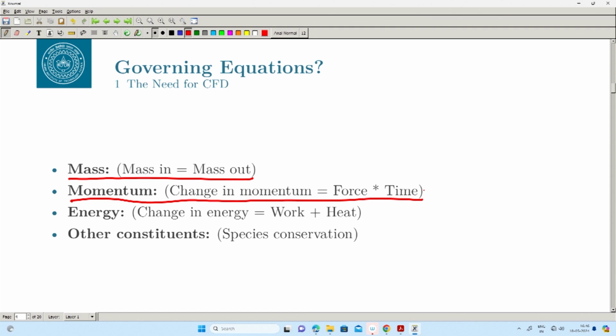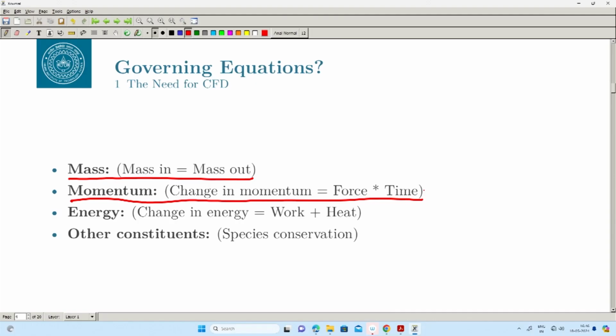This is inspired by Newton's second law of motion. Whatever change in momentum is occurring is due to some force, so the rate of change of momentum is equal to force. In solids we basically have a mass; here we talk about the volume, because there are certain differences between solids and fluids. That is why it is called a fluid: it can flow.